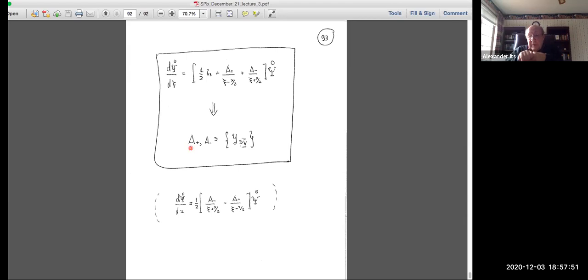And with respect to this parameter, I can write another equation, and I would get some integrable nonlinear equation, either difference or differential.